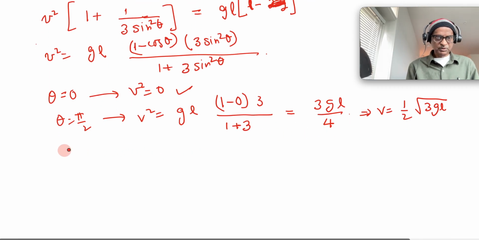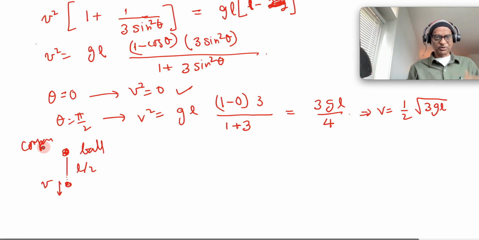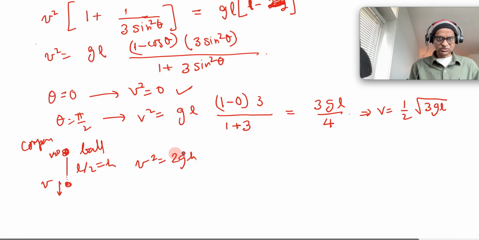If you compare that with, say, a ball that went a distance L over 2, what's the speed here? Compare this to what we're getting in a free fall, with v equal to 0 initially. This is going to be v squared equals 2gh, so 2g times h, L over 2.